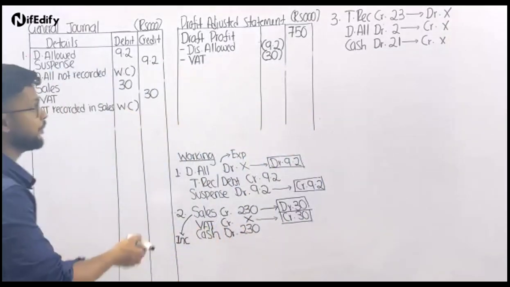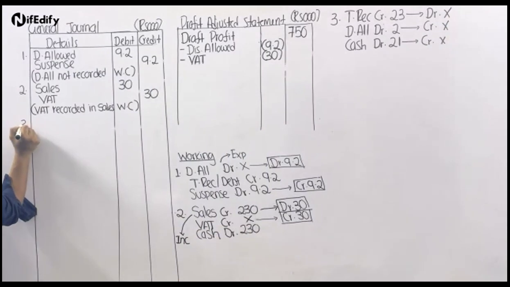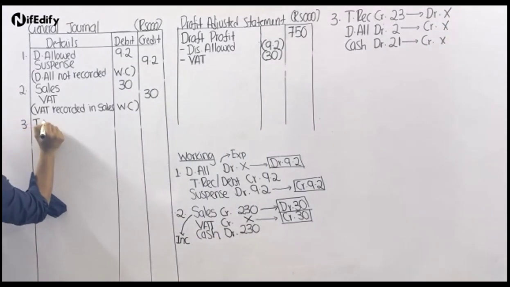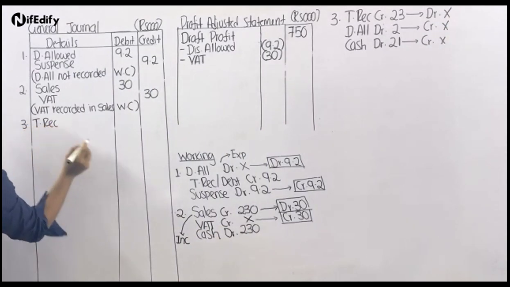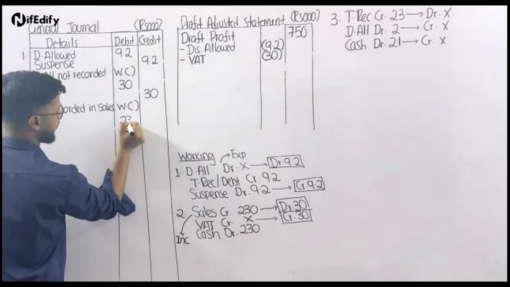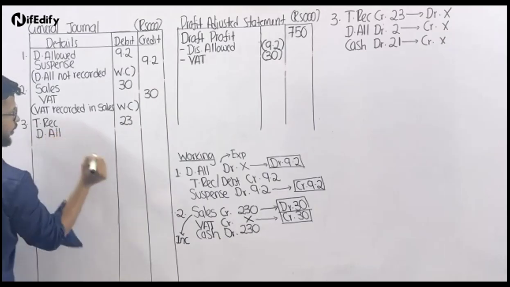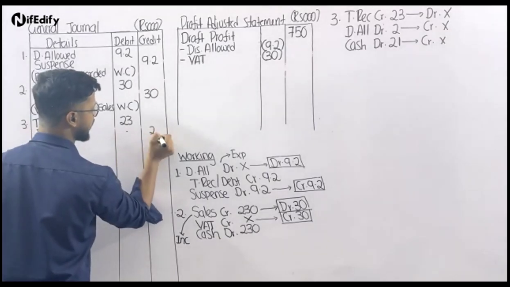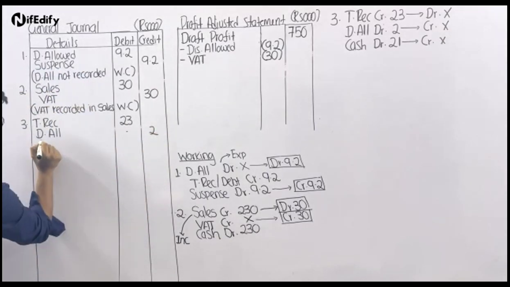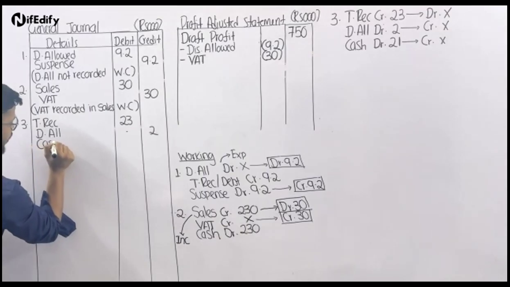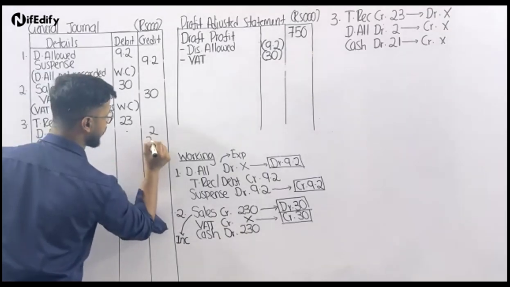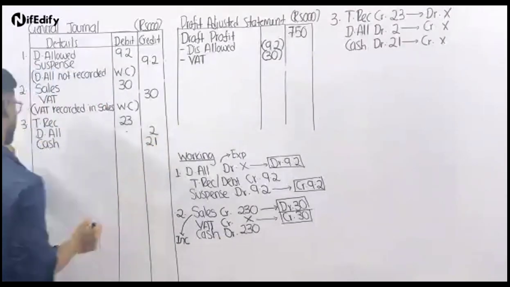So what am I supposed to do? Trade receivable account debit 23. Discount allowed account credit 2 to reverse the discount. Cash account credit 21 to reverse the cash.